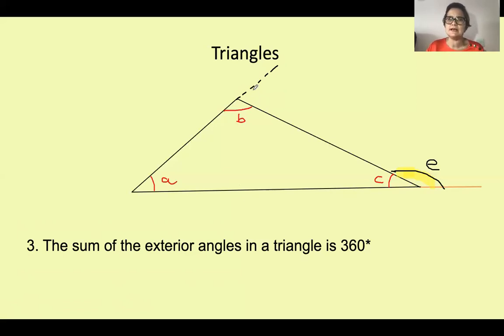Is it going to be this angle here, which I'm going to call D, or is it going to be this straight 180 degree angle here, which I'm going to call, so I've used A, B, C, D, E, F maybe? Actually, the exterior angle is going to be the D.